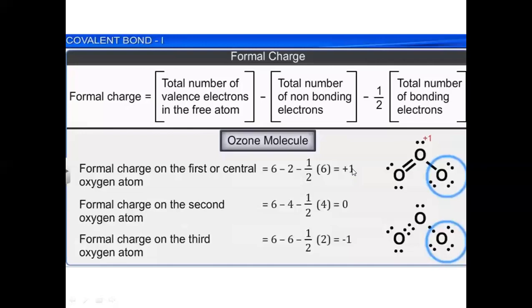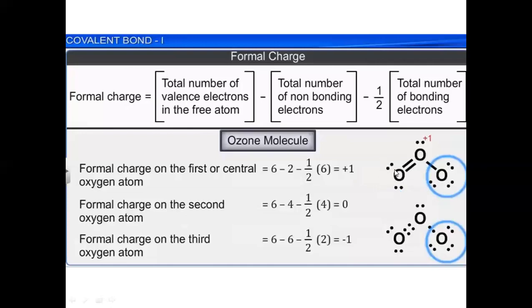Understood? Now we'll take the second oxygen atom. Here the total number of valence electrons is 6, minus non-bonding electrons. How many non-bonding electrons are there here? This is the second one.